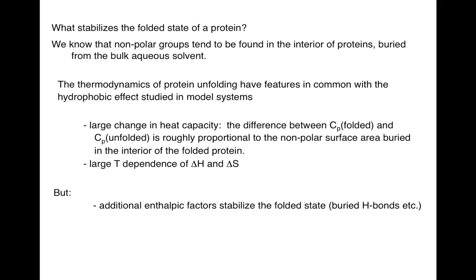They're actually in a lower dielectric environment, so they're probably even enthalpically stronger. There are also entropic factors that stabilize the unfolded state. If it's unfolded, then the polypeptide backbone and the side chains are more free to rotate and sample different configurations. So there's a favorable configurational entropy associated with the unfolded state.